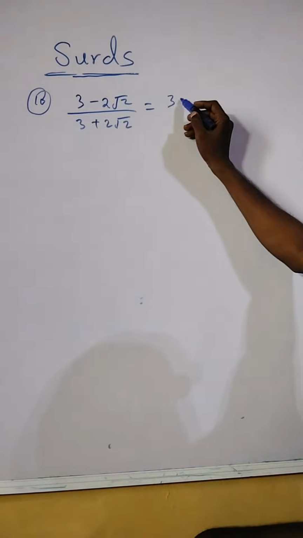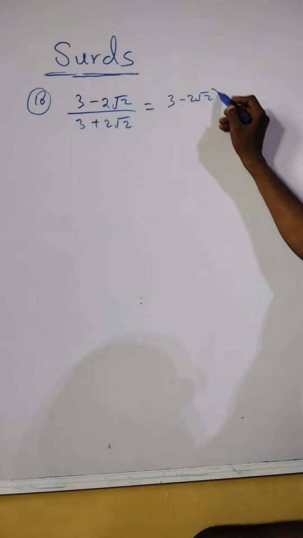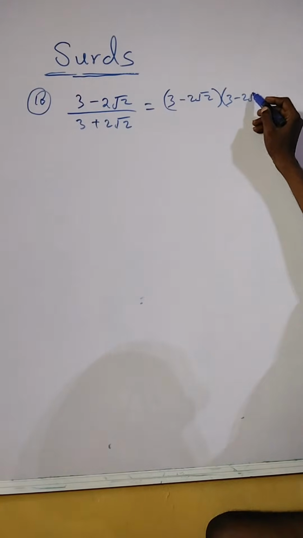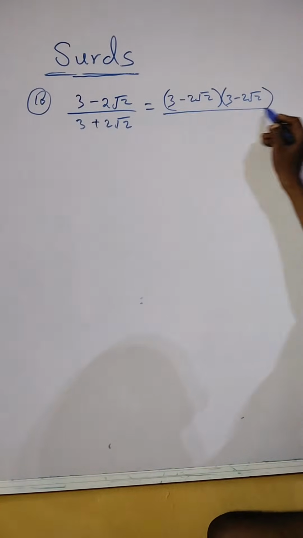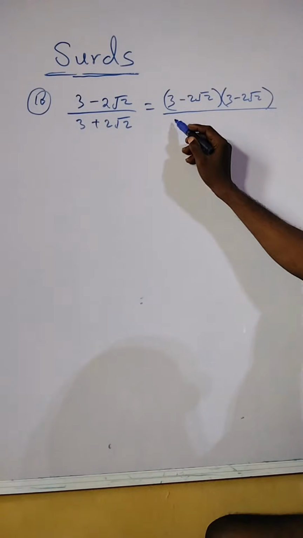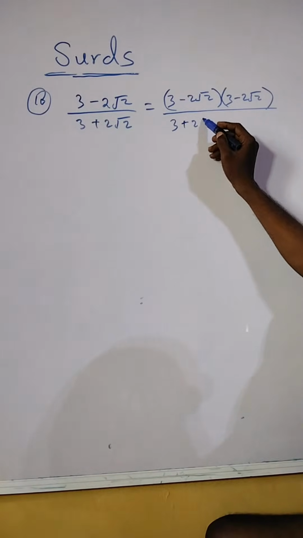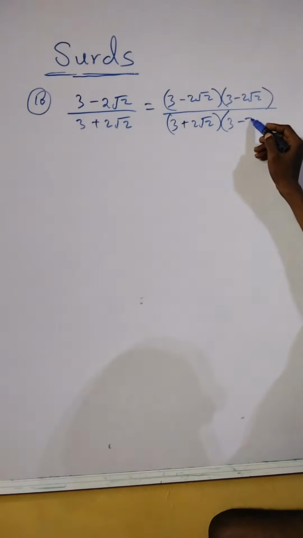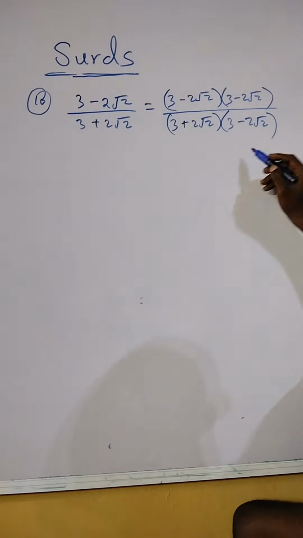That is, here we have 3 minus 2 root 2 times the conjugate surd, which is also 3 minus 2 root 2. Then divide by, multiply this also by the conjugate surd, you have 3 plus 2 root 2 multiplied by 3 minus 2 root 2.